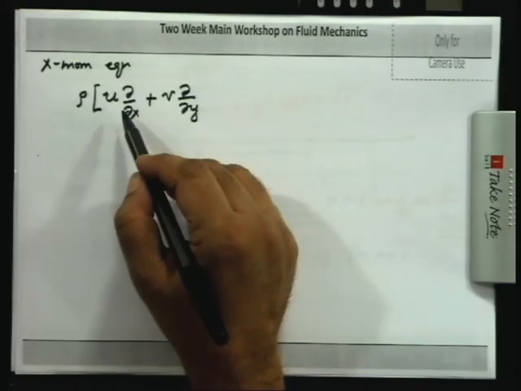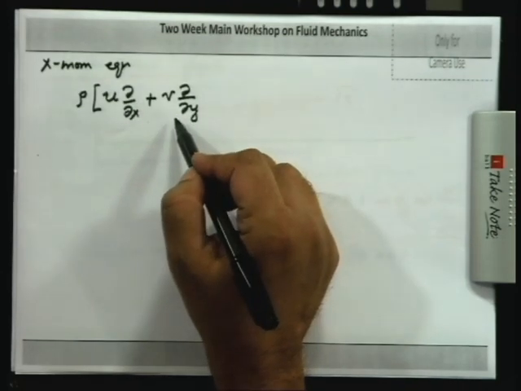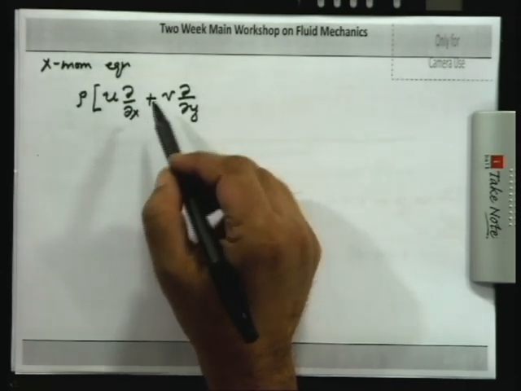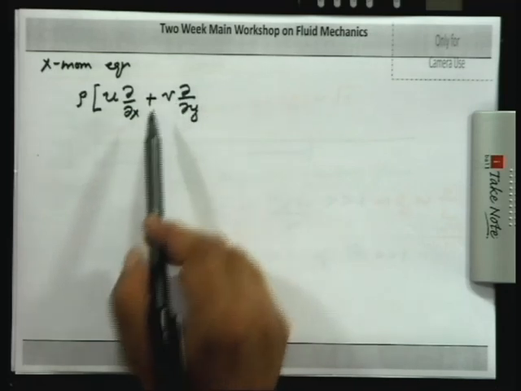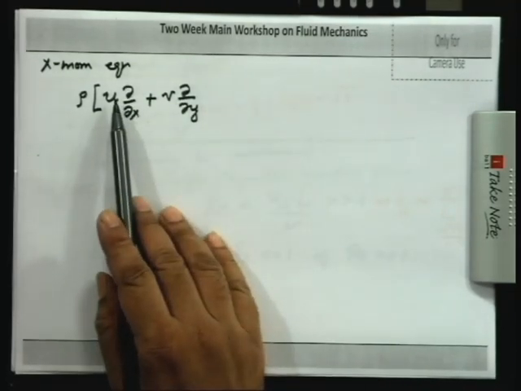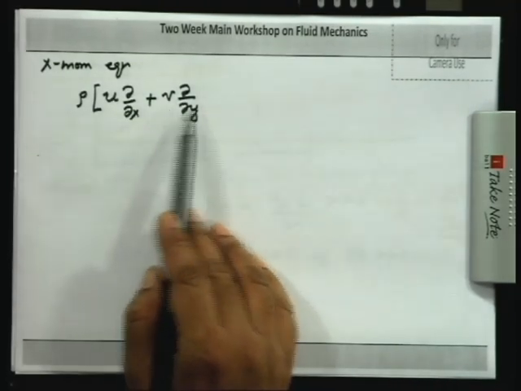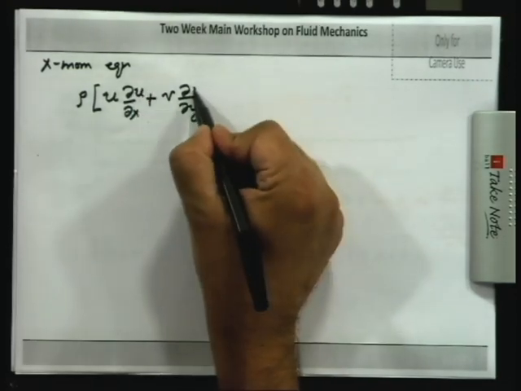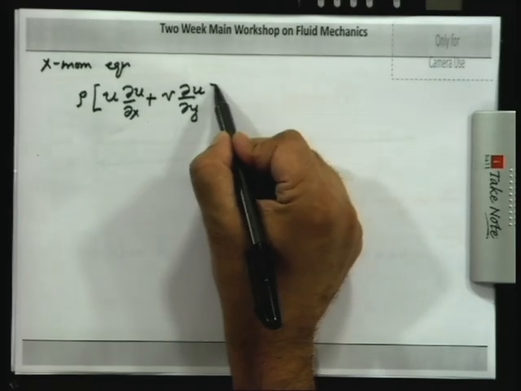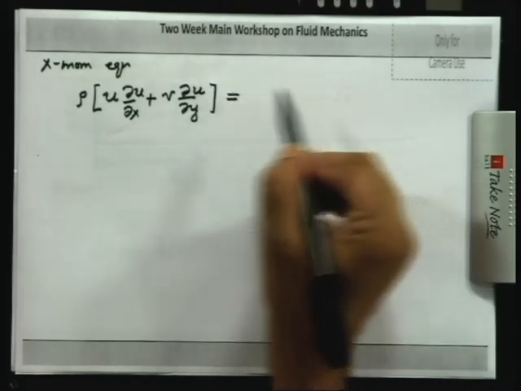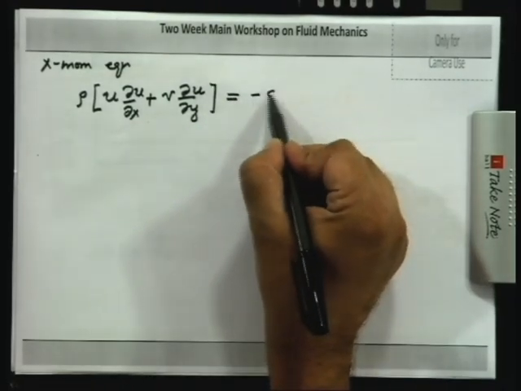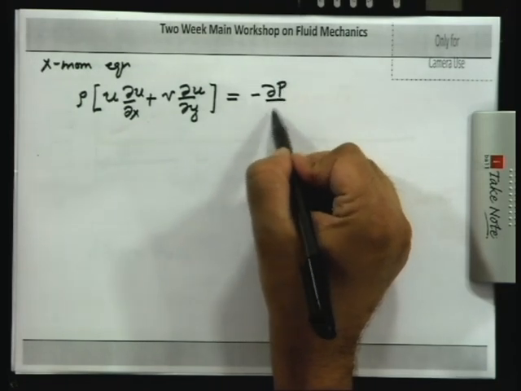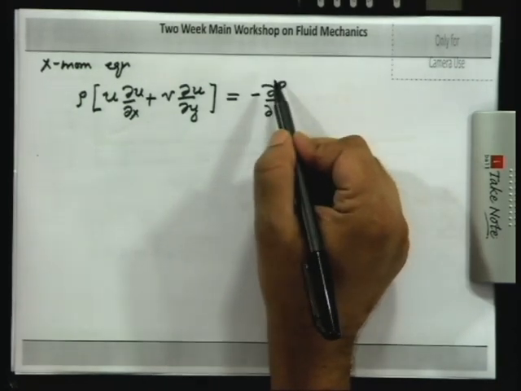Had a network problem. So, if you look at the x momentum equation, the left hand side is the mass times acceleration per unit volume in the x direction. So, the acceleration in the x direction is given by this operator v dot grad, which is u del del x plus v del del y acting on u. And the right hand side I can write as minus del p del x, where p is the piezometric pressure.